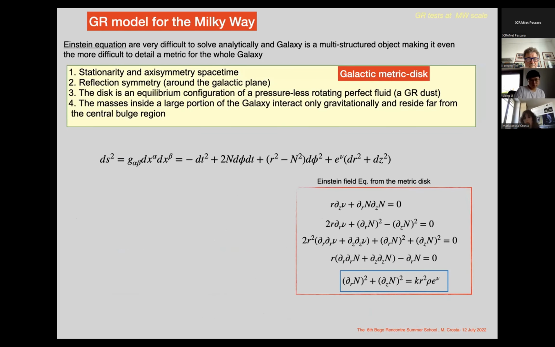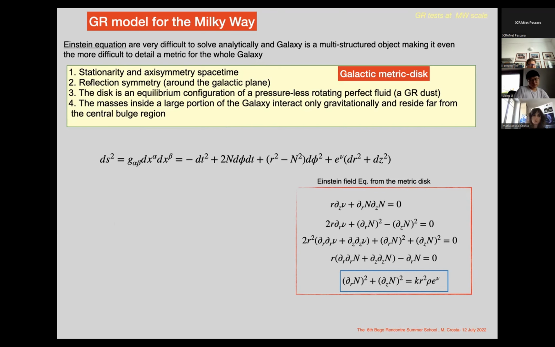On the other hand, it's quite difficult to find the exact solution of Einstein's equations, especially if we think that our galaxy is a multi-structure object. And so we decided to start from a simple assumption: first of all, to consider a dust model, so a space-time endowed with a stationary axisymmetric metric.